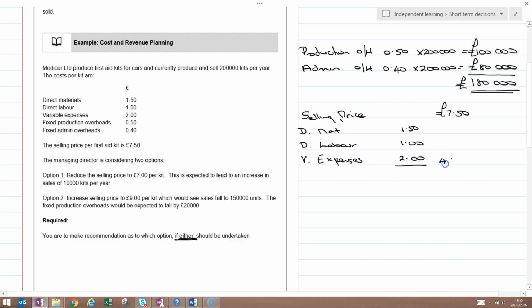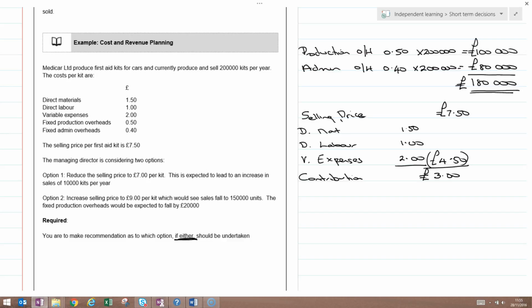So that's a total of £4.50. We need to deduct that, and we're currently making a contribution of £3 a unit. So that's the contribution per unit.